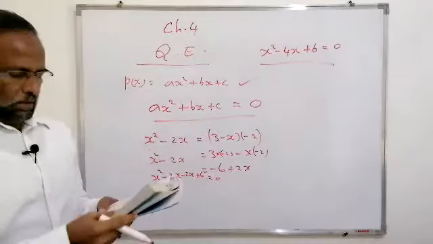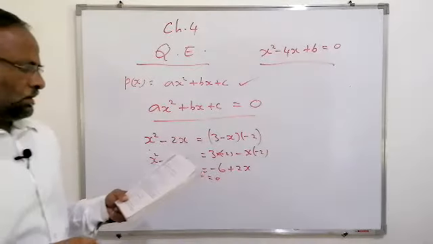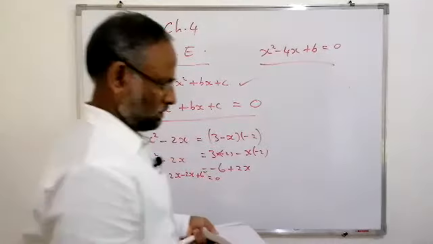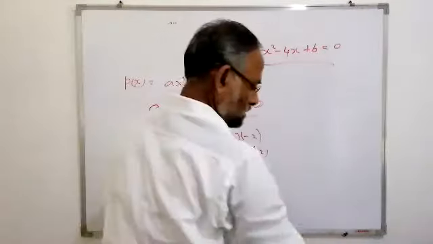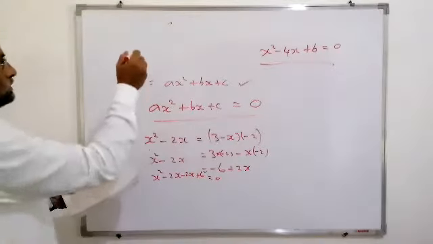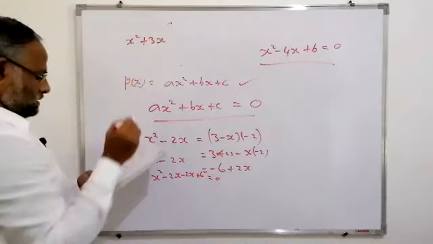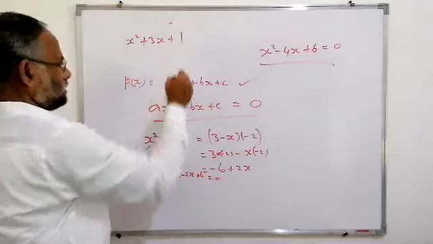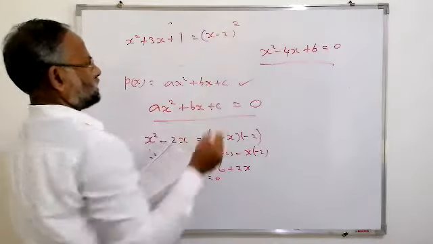Okay, now write one homework. After that, I will proceed. Second question: x square plus 3x plus 1 is equal to x minus 2 whole square.